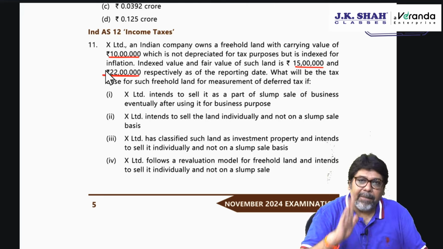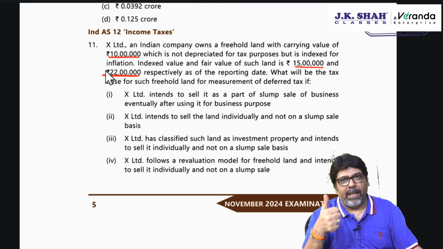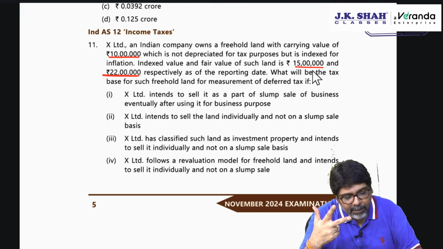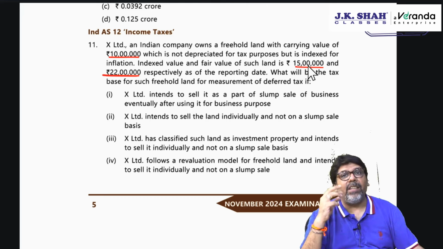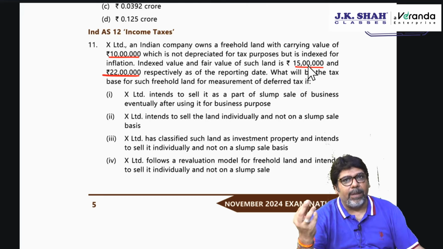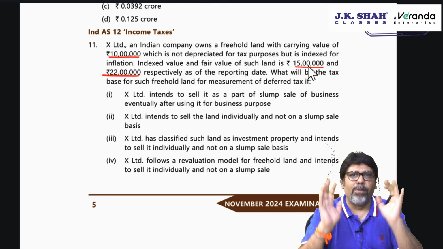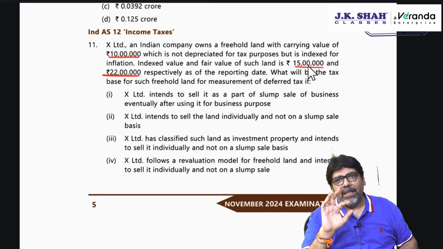If it follows the cost model, the carrying amount is 10 lakhs. If it follows the revaluation model, the carrying amount is 22 lakhs. Tax base is 15 lakhs. But the indexation cost tax base is generally applicable if the asset is sold individually. If there is a slump sale, that means if he sold it in a group, then the company does not get this tax base advantage.